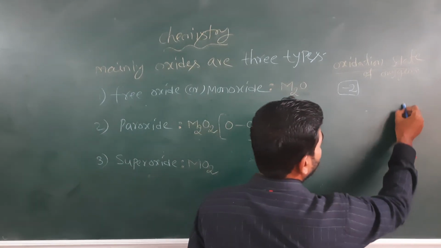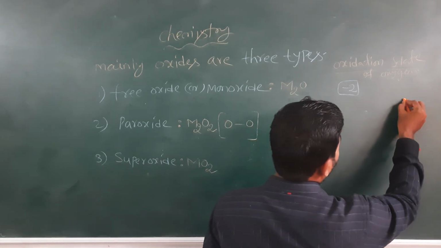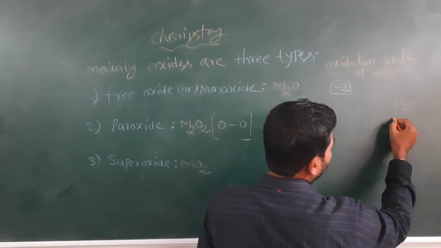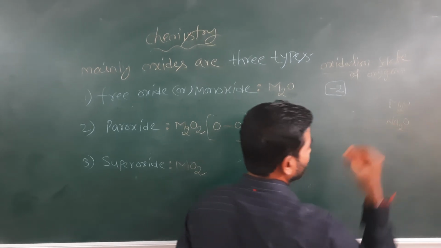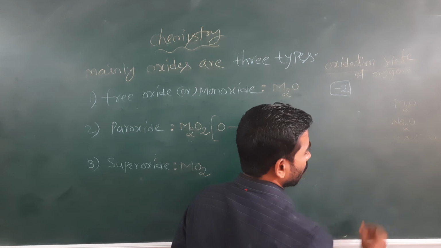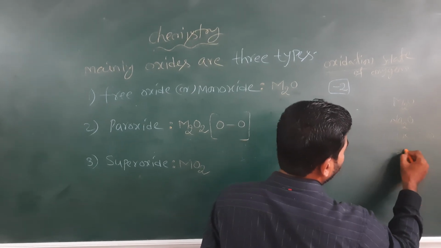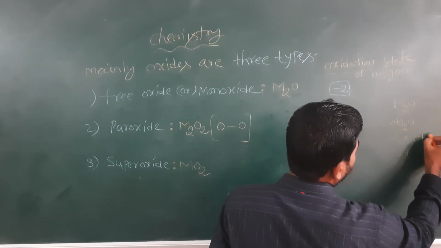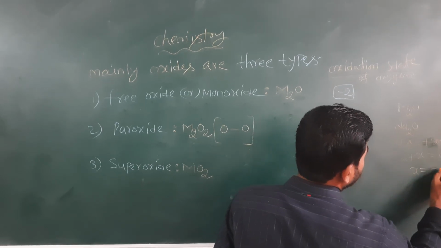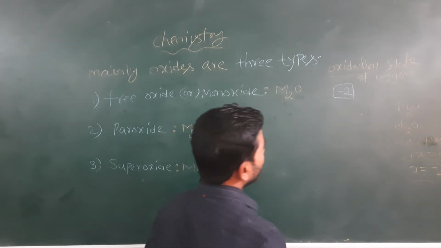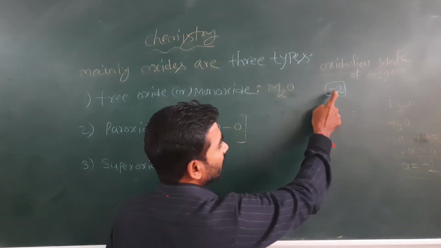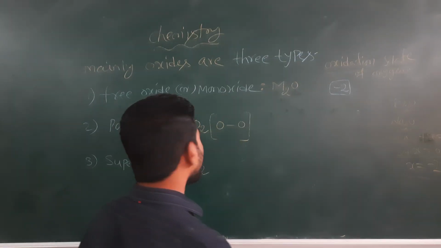For example, M2O where M belongs to the first A group, such as sodium oxide: sodium is +1 into 2 atoms, so 2 plus X is equal to 0, X is equal to -2. That's why in the M2O type of oxide, oxygen gets the -2 oxidation state.